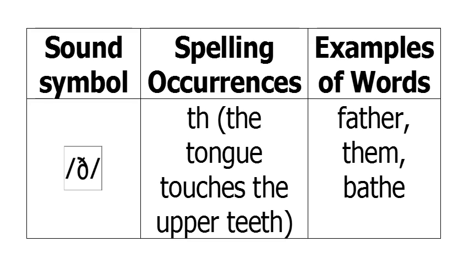The next sound is pronounced th. The tip of the tongue again touches the upper teeth, and it comes from the spellings of TH. Examples: father, them, bathe.